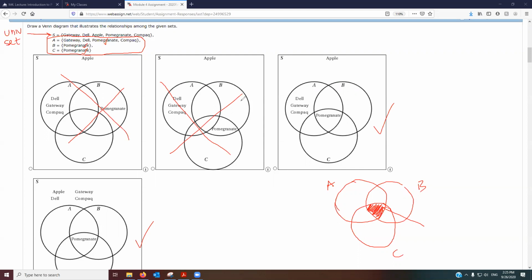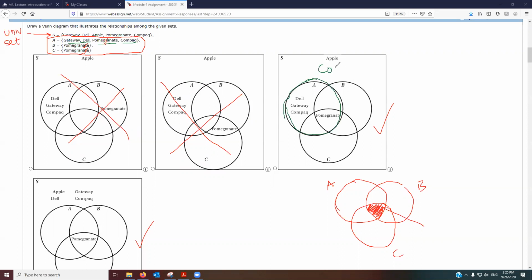All right, well, I got to keep going to try to identify what is the correct answer here. Well, let me go now to set A. If I look in set A, I'm seeing gateway, Dell, pomegranate, and compact are all in set A. So those 4 elements have to be in circle A. And here it is. If you look at circle A, all 4 of those elements are in circle A here.